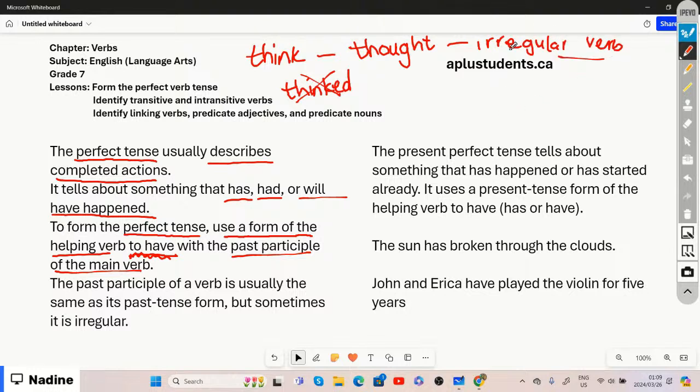And a regular verb would be, for example, jump, and then jumped. We just added an ed. So our word still stays the same. We just added an ed. That is a regular verb. But an irregular verb is where the word changes. That is why we say it does not follow any rules like adding ed or d. You are just going to have to remember the verb.